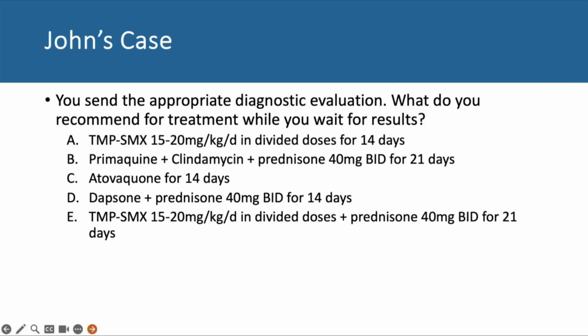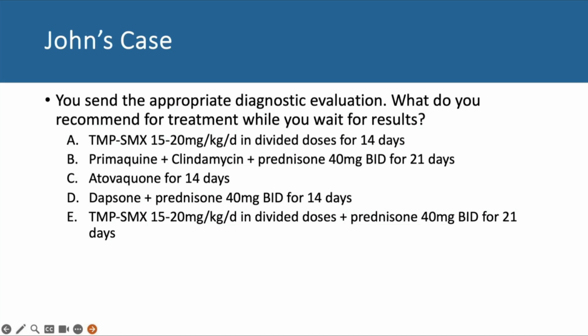Okay, so you send the appropriate diagnostic evaluation. What do you recommend for treatment while you're waiting for your results to come back? E. And why are you including the prednisone there, Lauren? Because of his hypoxia.